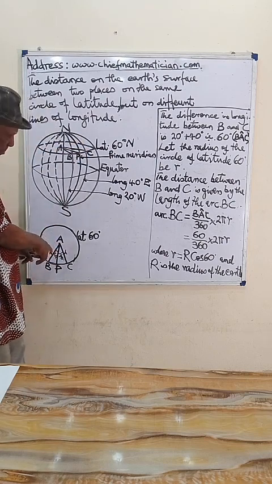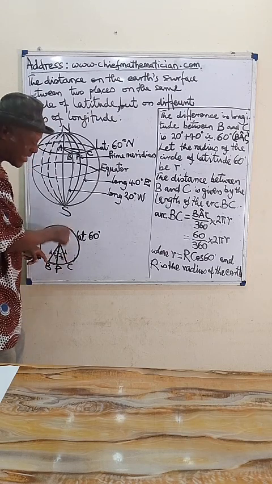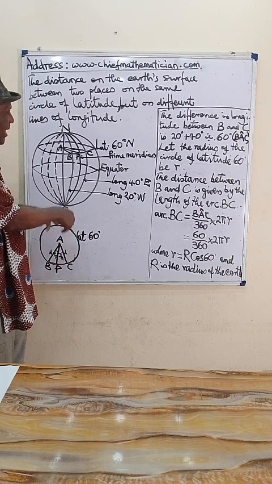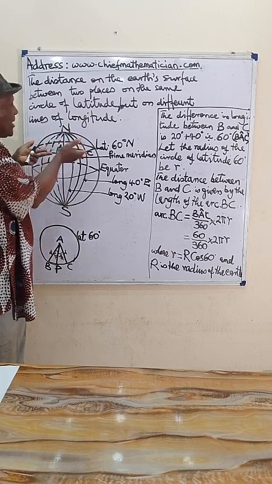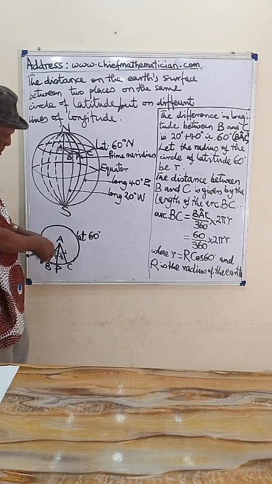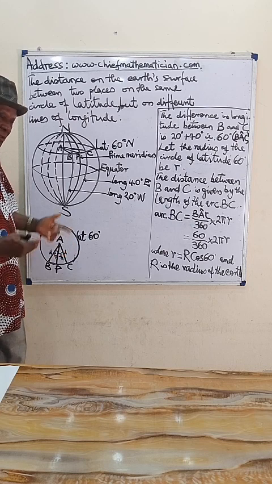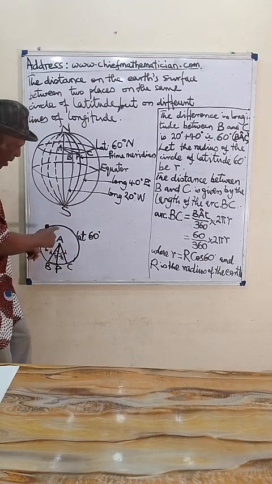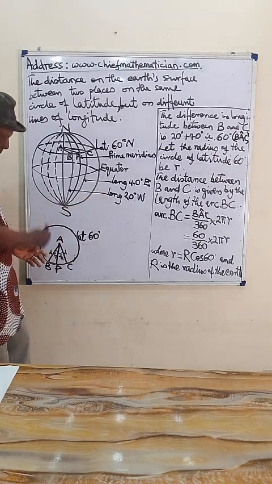Now, you will get a clearer picture of this by looking at this diagram. This circle is not the Earth. This circle is latitude 60 degrees. That is, I'm now representing latitude 60 degrees north in this form, with A as its center. It is now easy for you to see very clearly how longitude 20 degrees west got its name.